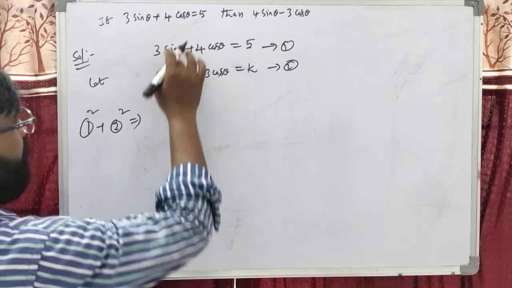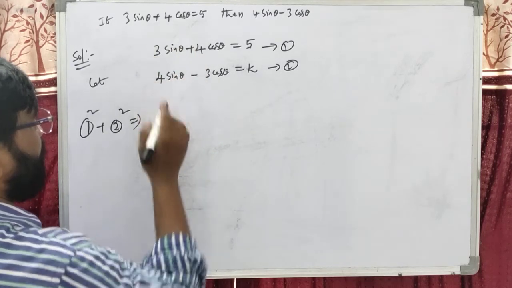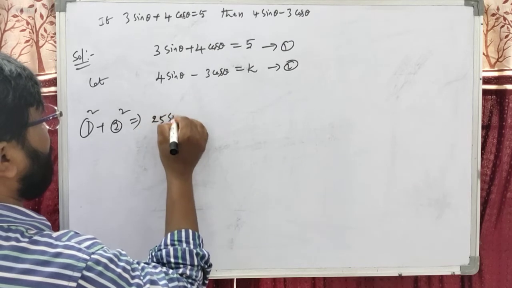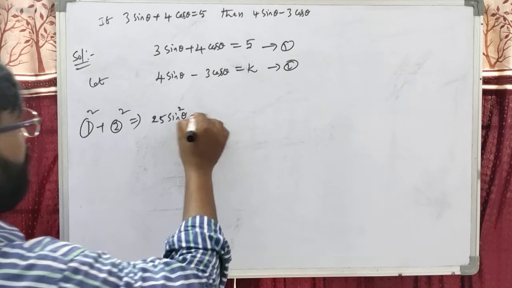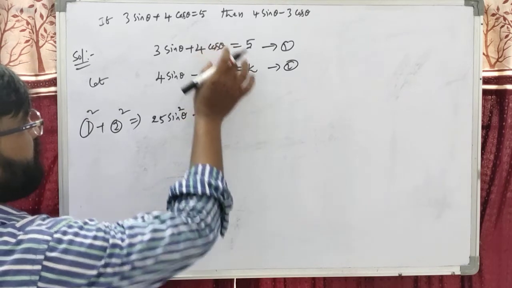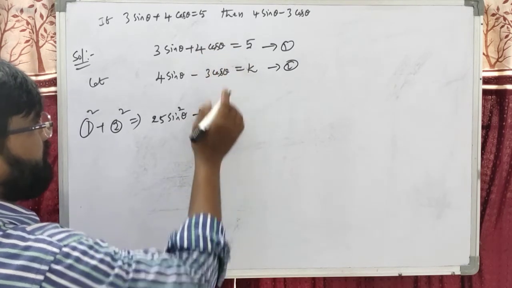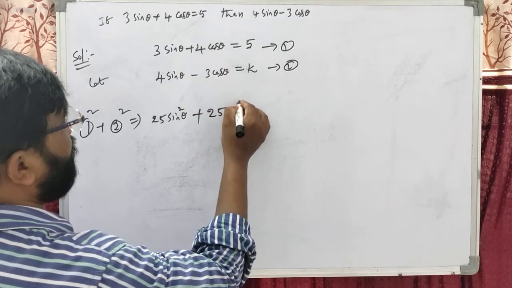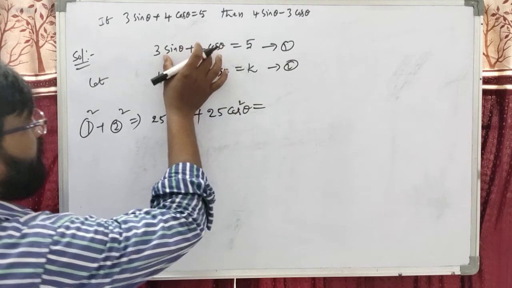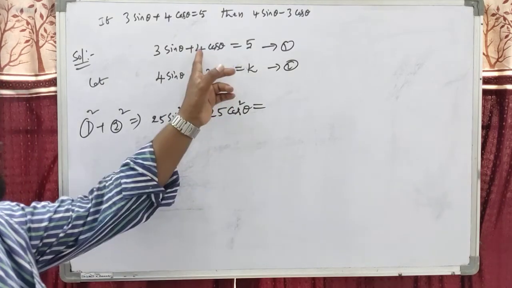Now taking common, a square is 16 sin square theta plus 9 sin square theta, 16 plus 9 is 25 sin square theta. After that, b square is 16 cos square theta plus 9 cos square theta, 16 plus 9 is also 25 cos square theta. Plus 2ab, 2ab is 4 times 3 is 12.